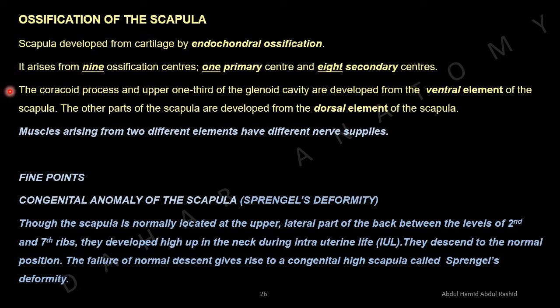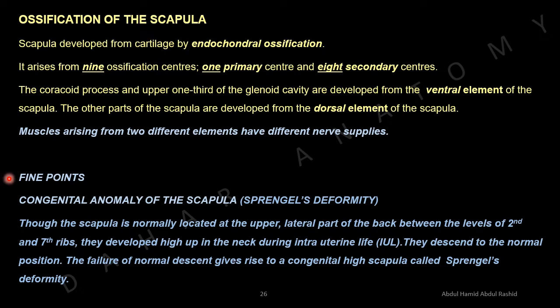The coracoid process and upper one third of the glenoid cavity develop from the ventral element of the scapula. The other parts of the scapula develop from the dorsal element of the scapula. Muscles arising from 2 different elements have different nerve supplies.